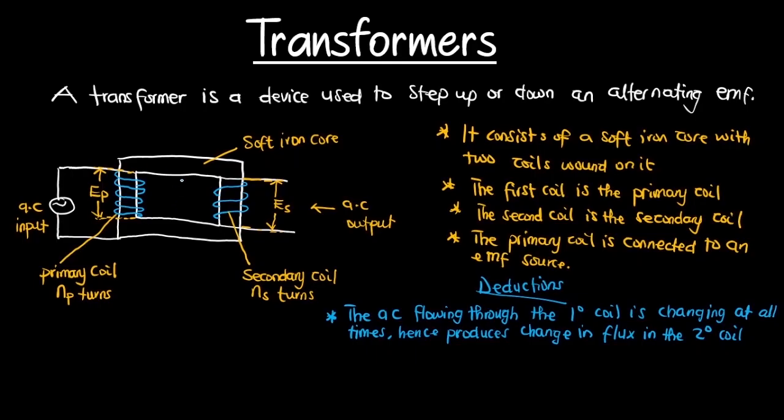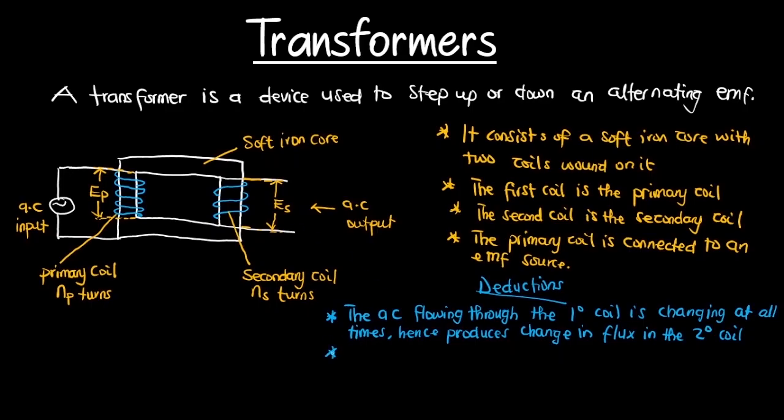The flux produced in the primary coil is proportional to the number of turns NP, which determines the amount of flux that will be produced, and the current IP. And then if we come to the secondary coil as well, the induced EMF in the secondary coil is also proportional to the number of turns NS and the current IS flowing through it.